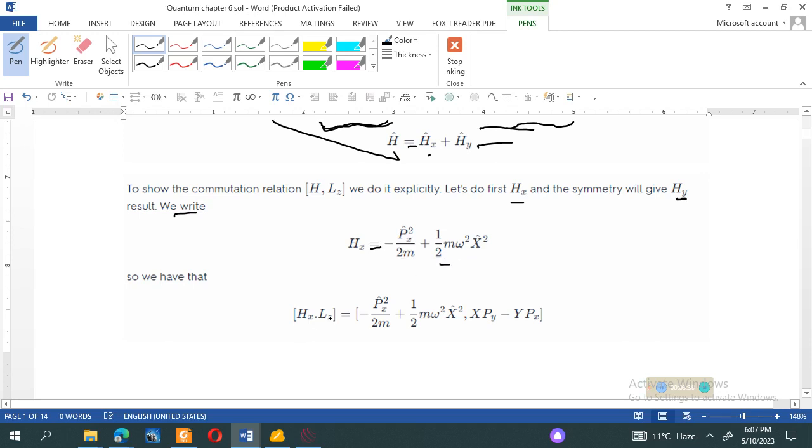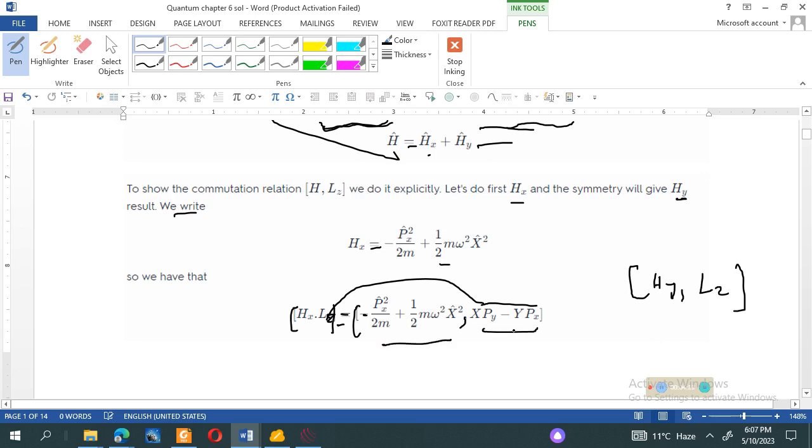So the commutator of Hx and Lz will be equal to the commutator of px squared over 2m plus m omega squared x squared with Lz, where we know that Lz is equal to this whole expression. Then we will take Hy and Lz separately. This is the value of Hx, and the second term is the value for Hy.